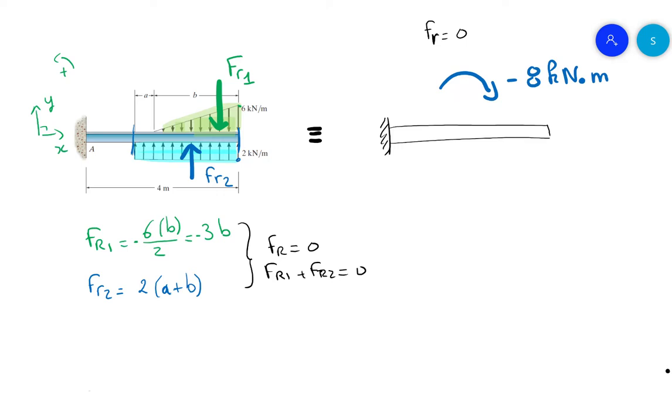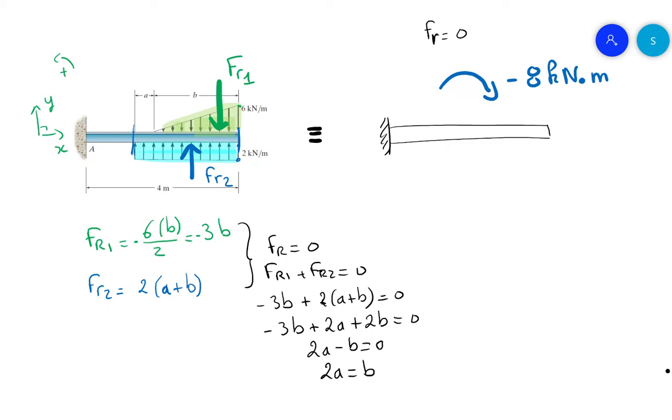So we can write down minus 3B plus 2 times A plus B equals 0. So we got minus 3B plus 2A plus 2B is equal to 0. So we have 2A minus B equal to 0. Or we can write that 2A equal B. We will use that a little bit later.